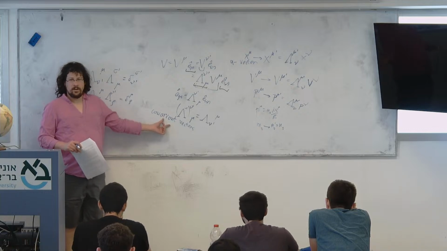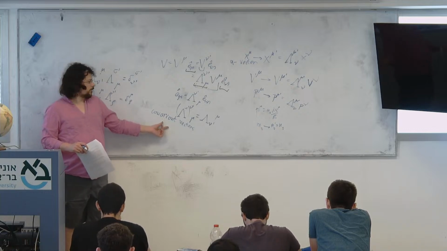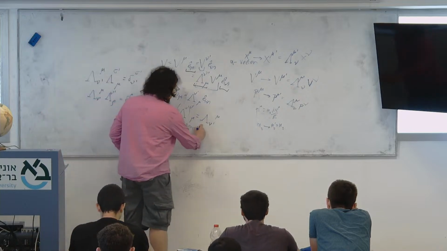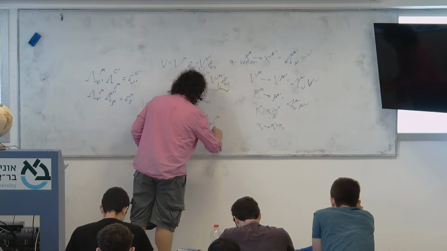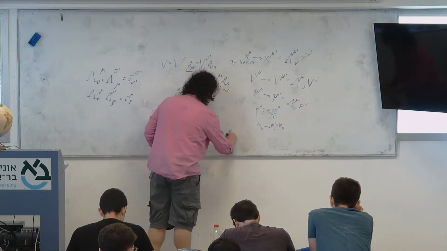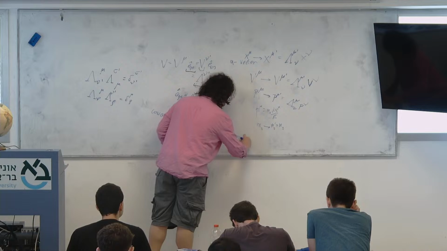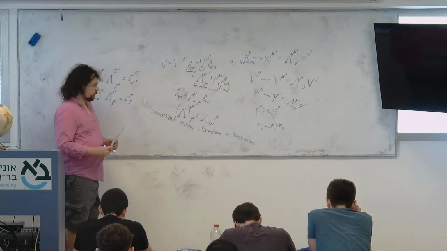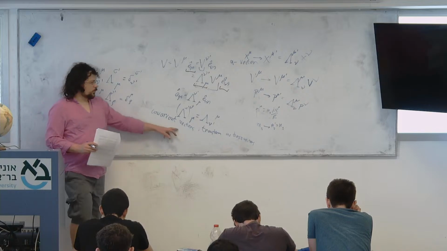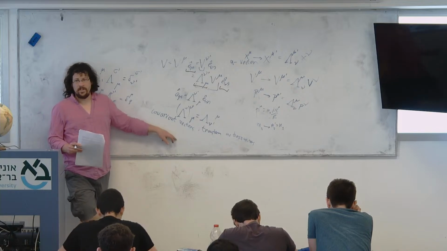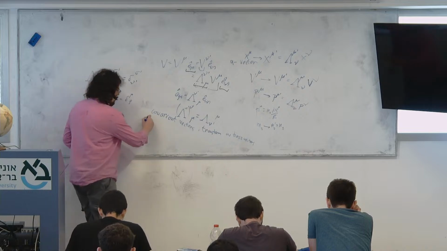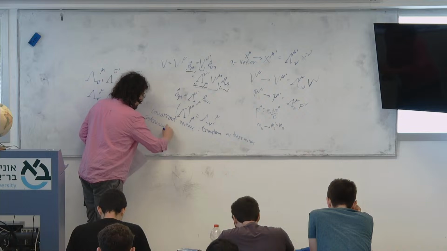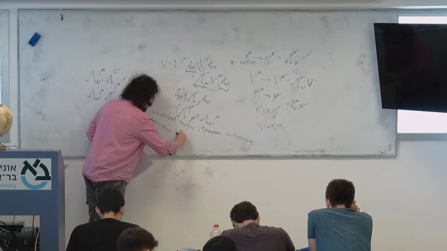They co-vary. Co-vary with what? With the basis vectors. So these transform as basis vectors. Those who vary opposite to the basis vectors will be called contravariant vectors.